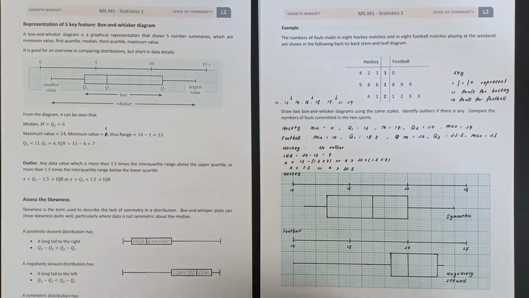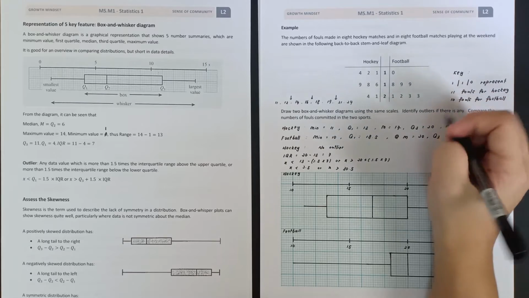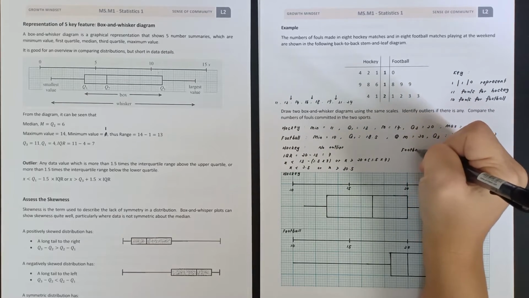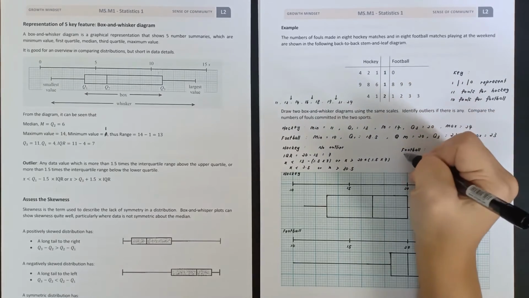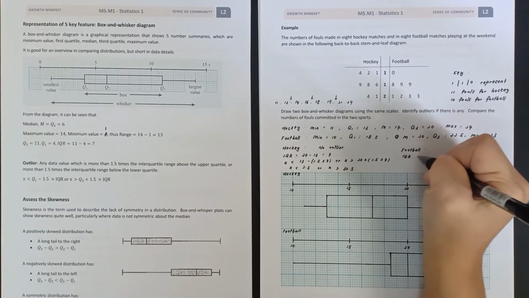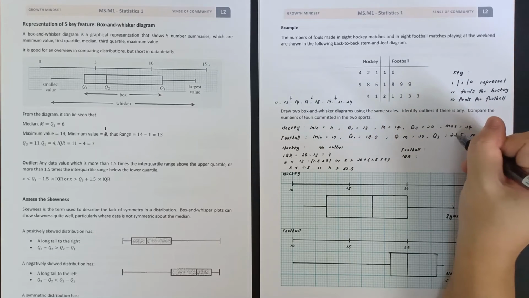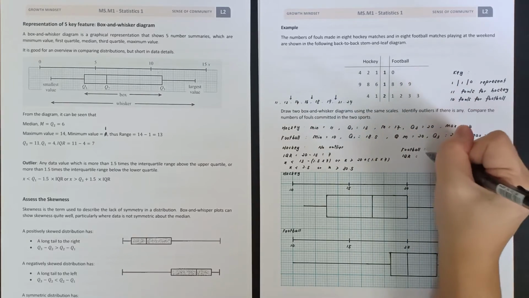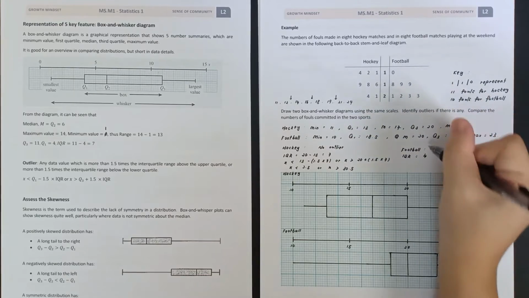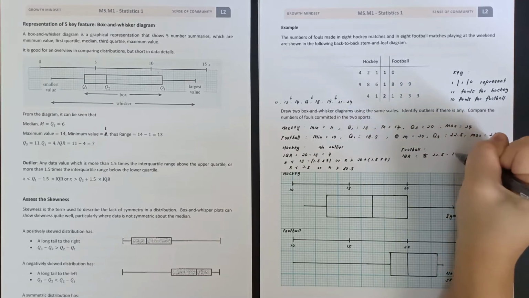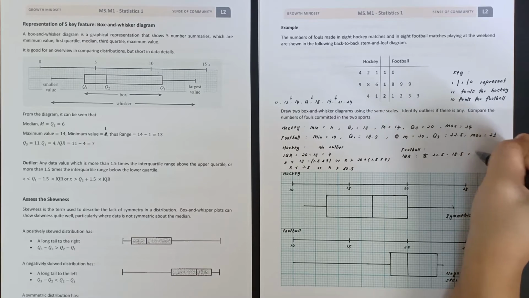Okay, so for the second one, we look at football. We do the same thing. For IQR, use your Q3 minus Q1, which gives you 22.5 minus 18.5, which is 4.